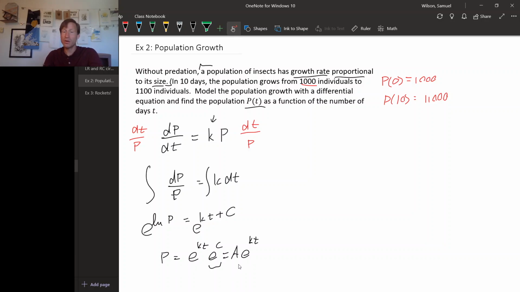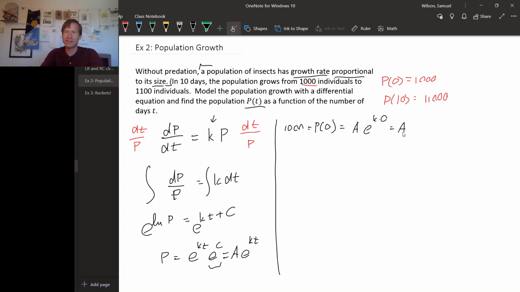So now we know a general formula for our population function. It looks like exponential growth. We just need to use our data points to find the unknown constants capital A and k. So let's use our initial time 0 point. So we know that that's 1,000. But using our formula, when we plug in t equals 0, we get A times e to the k times 0.